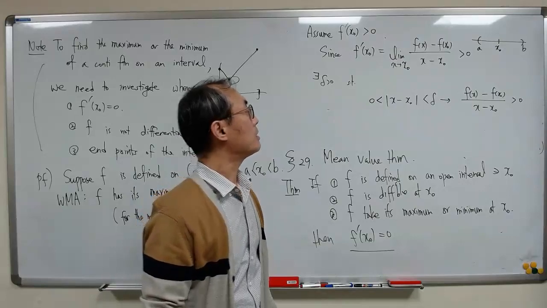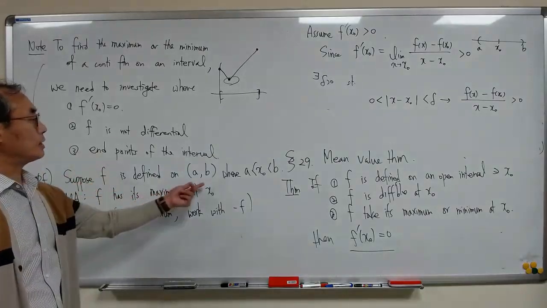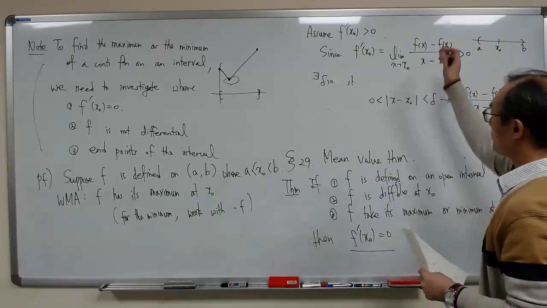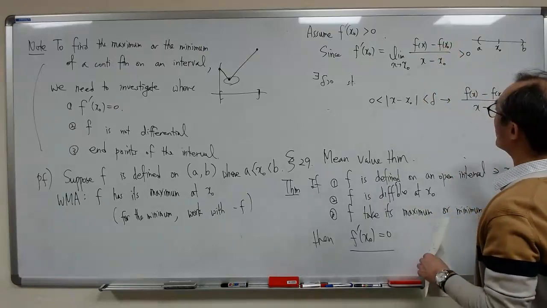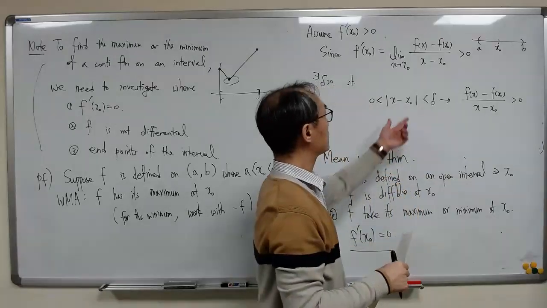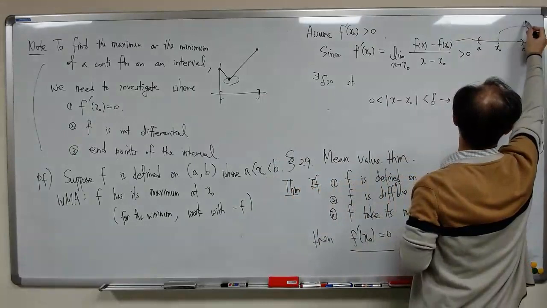In addition to that, the function f is defined only on this interval from a to b. So even if it is true, you cannot choose this delta big enough.